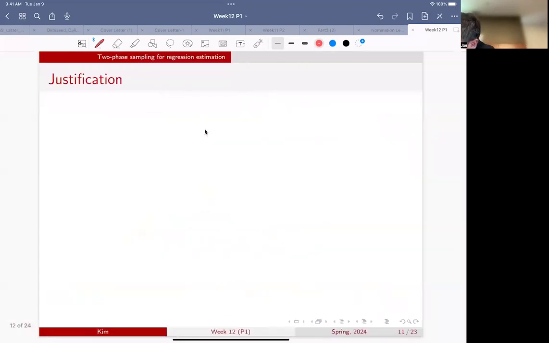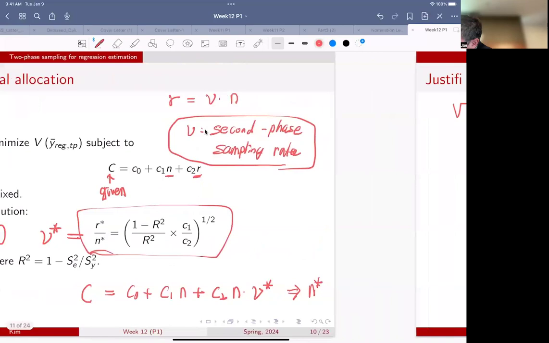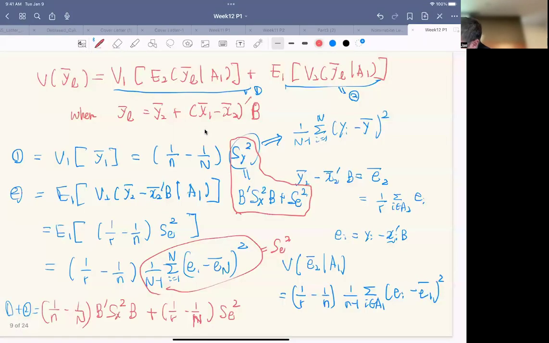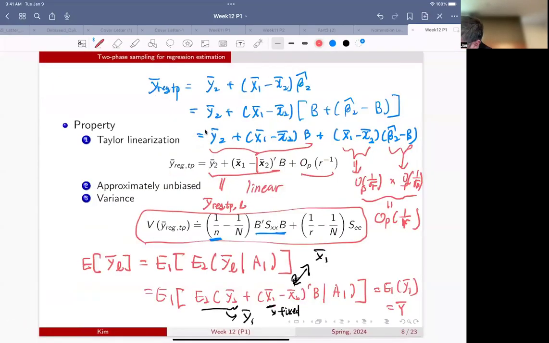Okay, so what is the variance? If you check this formula, this is the formula that we're going to use. So if you look at the variance formula, let's forget about this finite population question because capital N is like 10 million something.